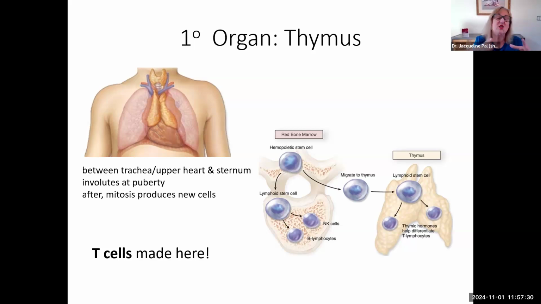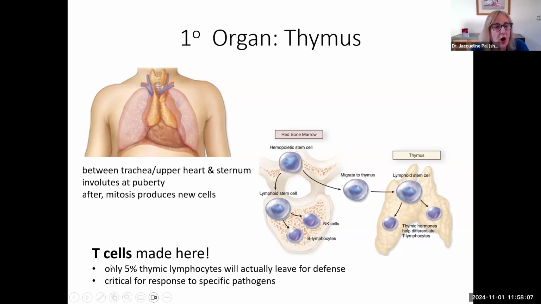Now, your thymus is quite large when you're a child, but when you hit puberty, it starts to involute. What does that mean? It means it turns into fatty tissue, and a little bit of this remains behind, but there are no more stem cells after puberty. So what happens is whatever mature T cells you have left over from that point on for the next 80, 90 years of your life, mitosis of those T cells is going to give you new T cells.